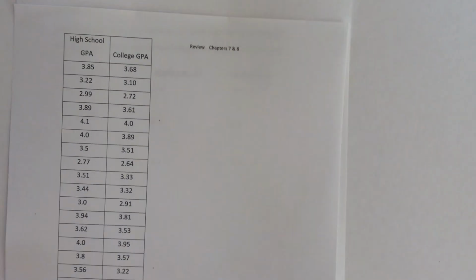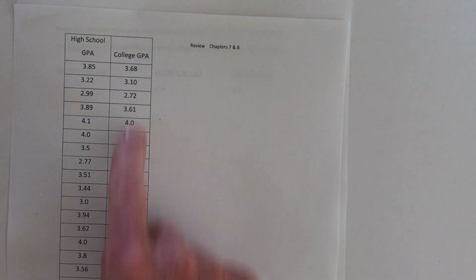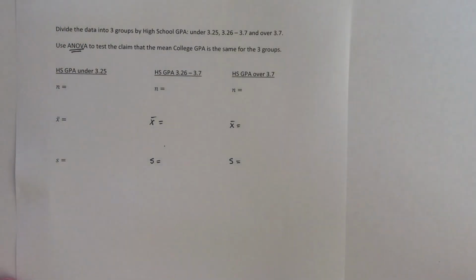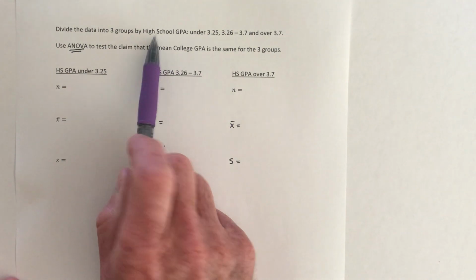For that, I'm going to use this, which comes from the Chapter 7 and 8 review, comparing high school GPAs and college GPAs. But first, I need to read the directions. So divide them by high school GPA.